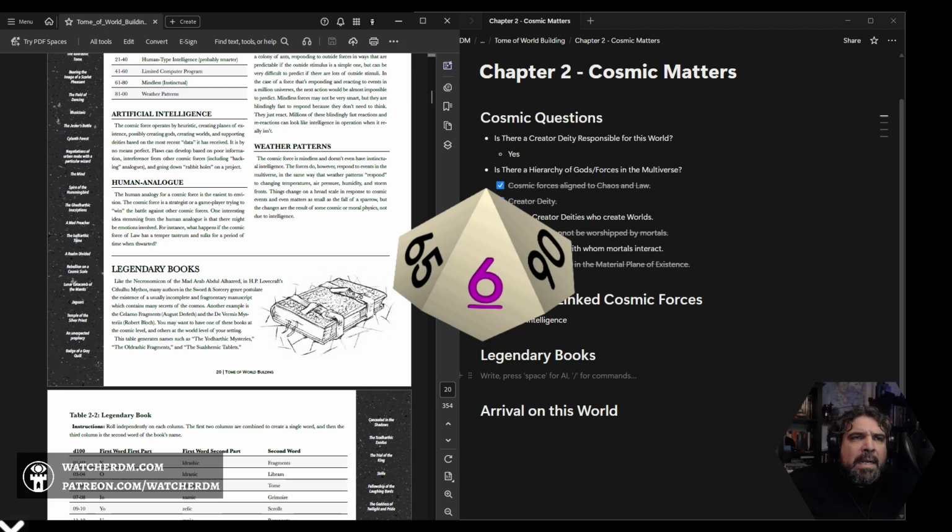Another example is the Seleno Fragments by August Derleth, and the De Vermis Mysteriis by Robert Bloch. You may also want to have one of these books at the cosmic level and others at the world level of your setting. This table generates names such as Yodharthic's Mystery, or the Yodharthic Mysteries, or the Oldrashic Fragments, and Suel-Shemic Tablets.